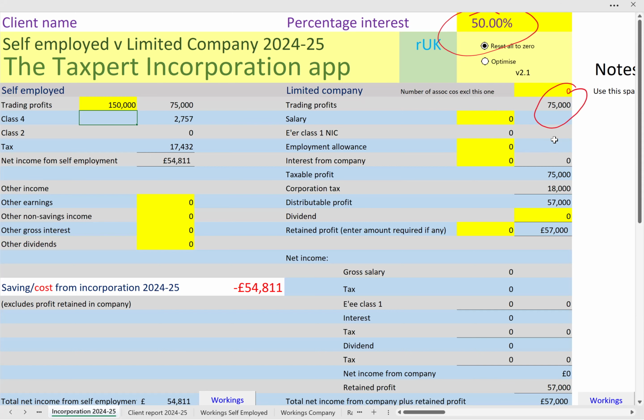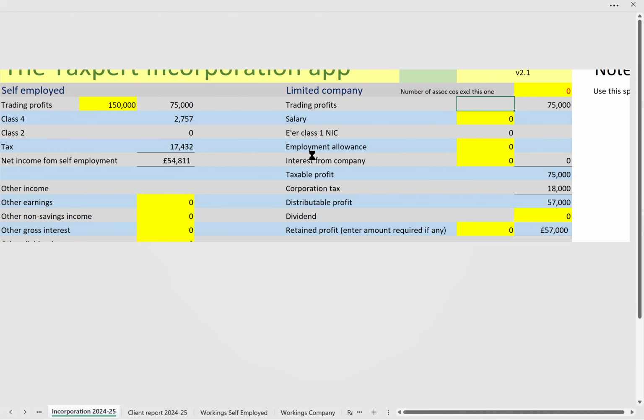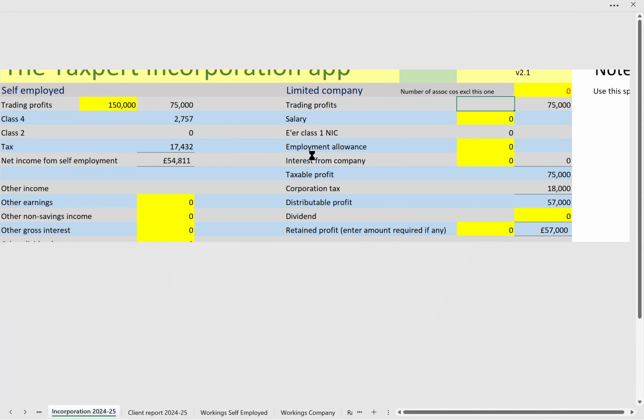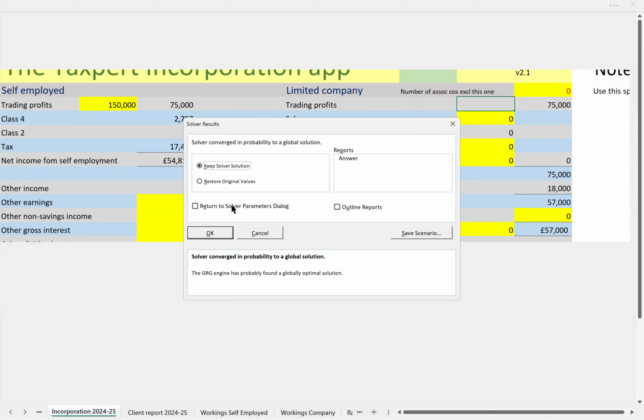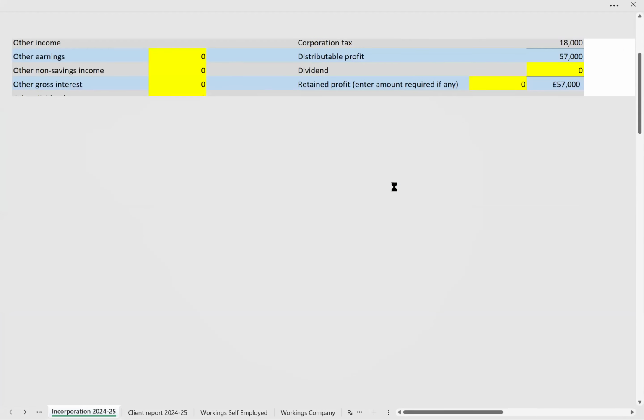We can then simply press the optimize button, and as with the other apps, that will then whir through something called Solver, which is a very complicated piece of computer coding, and it will eventually, it can take quite a while, identify the optimum combination of salary and dividend for the profits that we've entered.